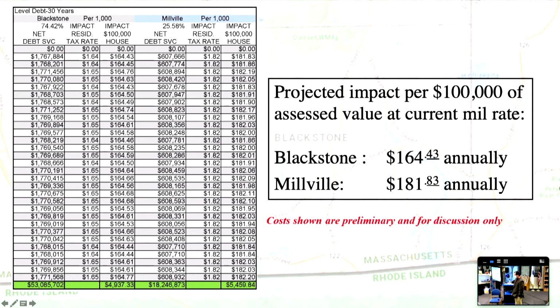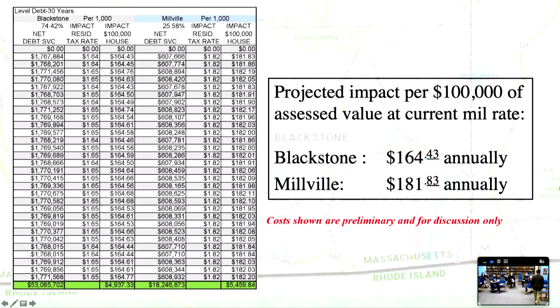So if you have a $300,000 property in the town of Blackstone, it's 164 times 3. That's correct. That unit property owner would have. That is correct. Yeah, Blackstone's 335. So typically you can show this one of two ways.